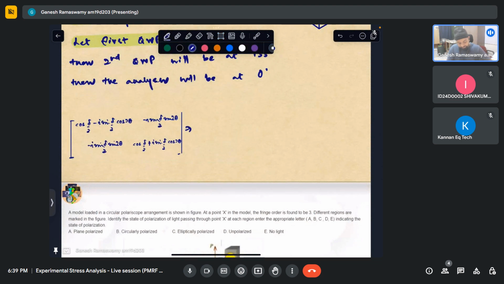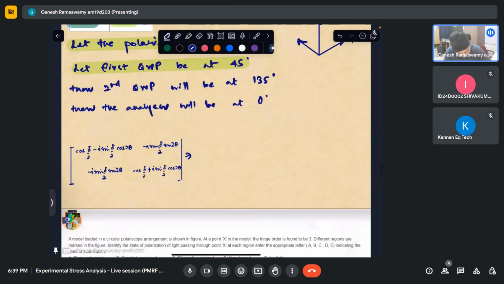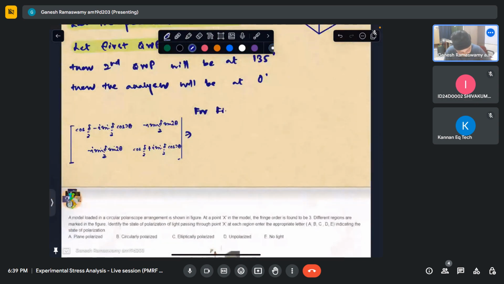So for the first quarter wave plate, delta is nothing but 2 pi by 4, which is pi by 2.